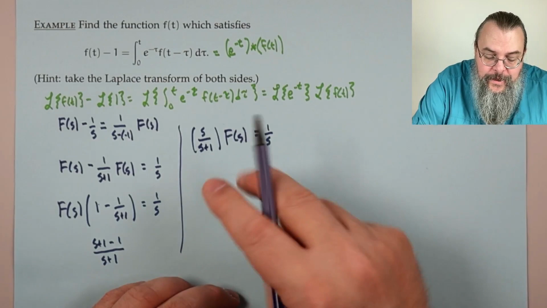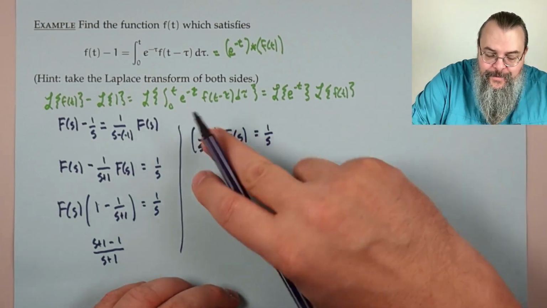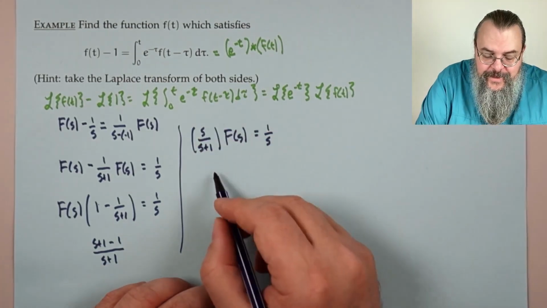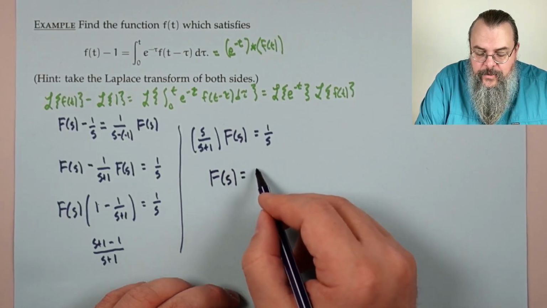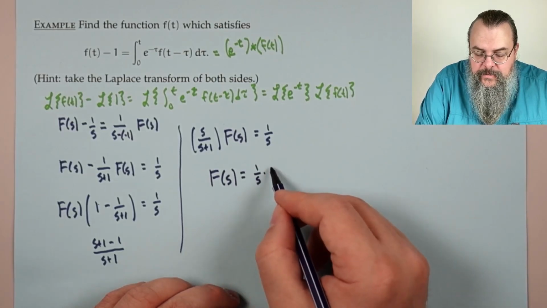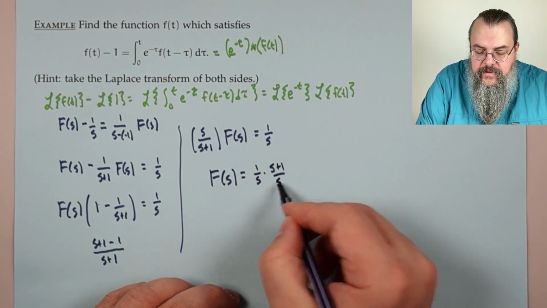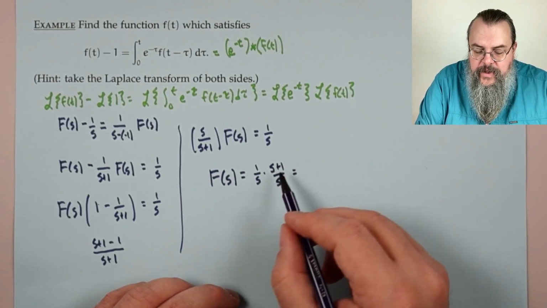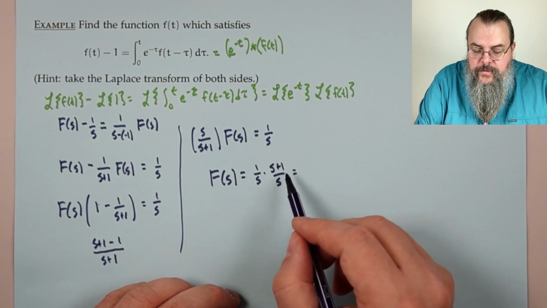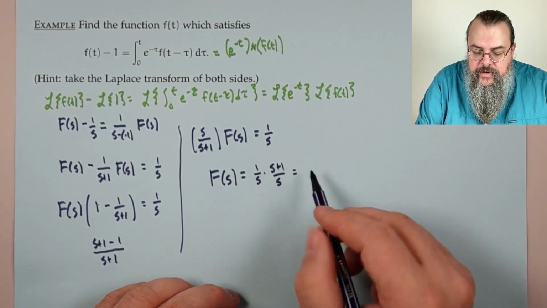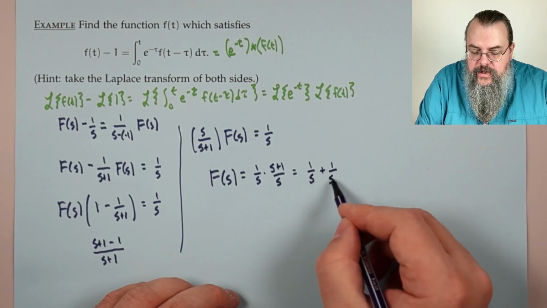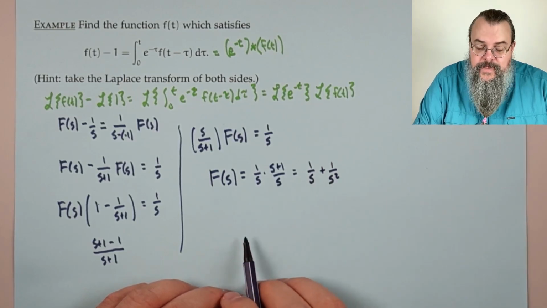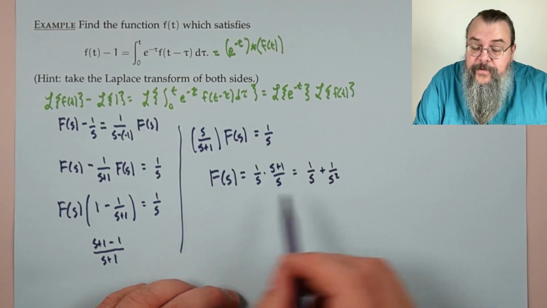Now we multiply both sides by that reciprocal. So our function that we want looks like 1 over s times s plus 1 over s. Well, we can think of this as s over s squared, or 1 over s, and then plus 1 over s squared. So that's F of s.